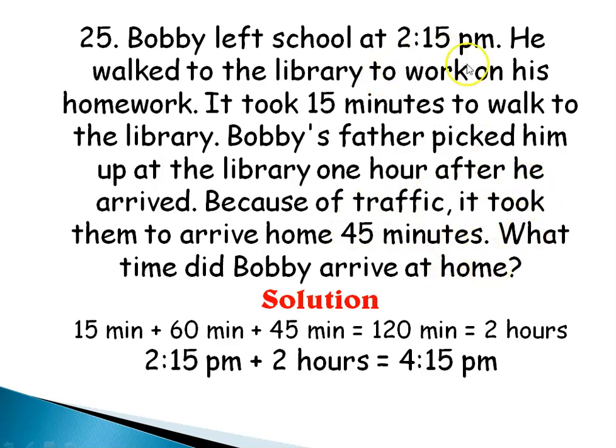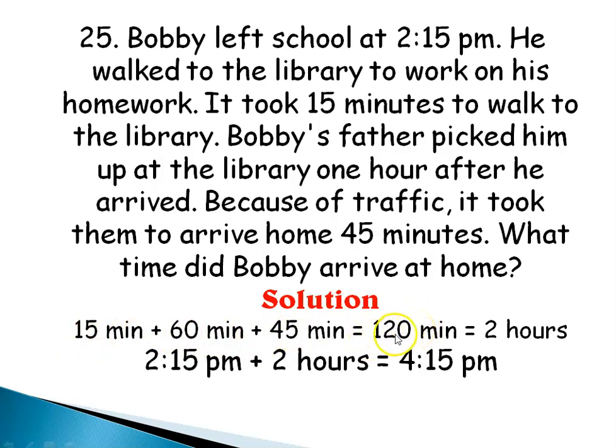So let's calculate all the minutes spent, and then we add it to the time he left school. We have 15 minutes here, and then you have 1 hour. 1 hour is 60 minutes, and then you have another 45 minutes here. I'm going to add all of this together. 60 plus 15, that's 75. 75 plus 45, that's 120 minutes.